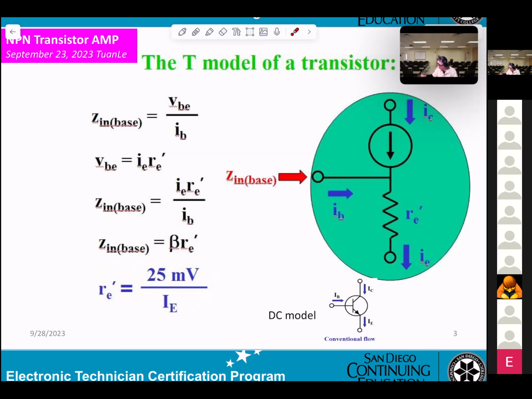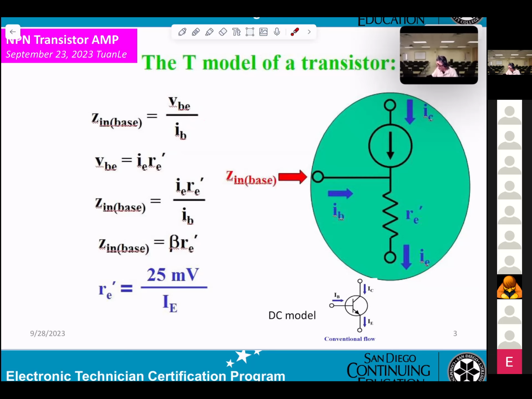Now, if you are looking into the base, then you get the input resistance, Zin base, which will be equal to VBE, that means voltage from the base to the emitter, divided by IB.